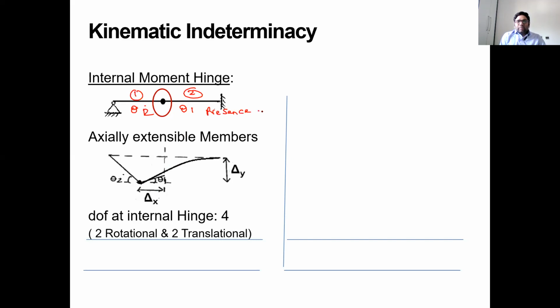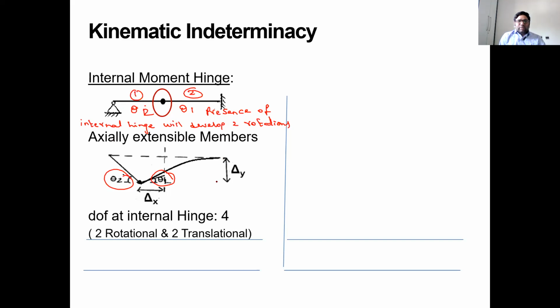So presence of internal hinge will develop two rotations. You can see that here. This is one rotation and this is another rotation for this part and this part.